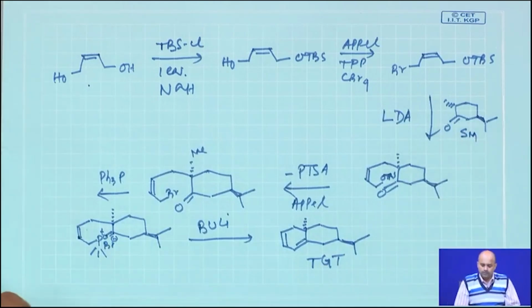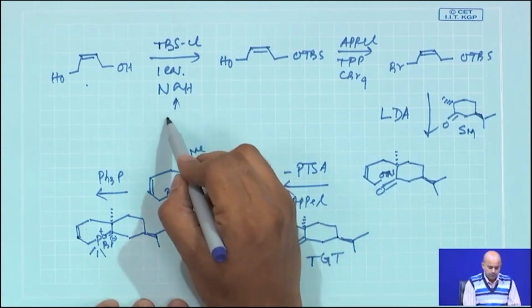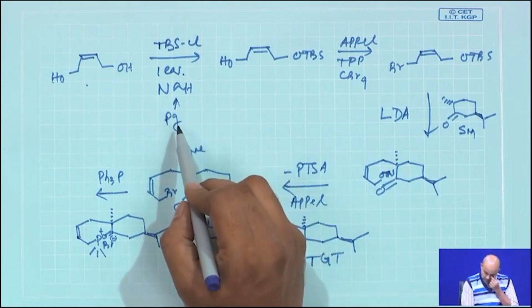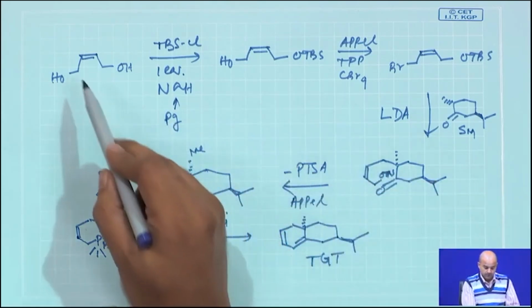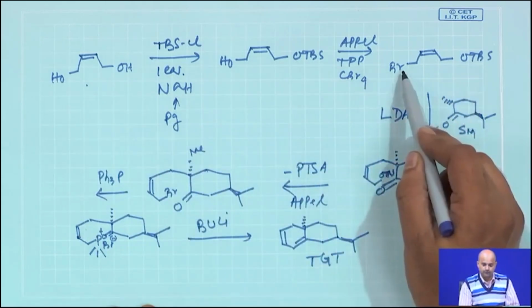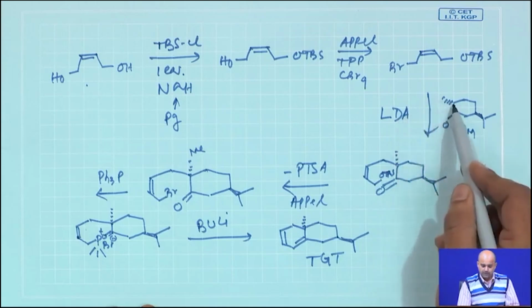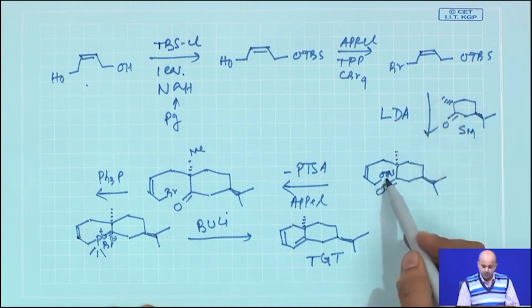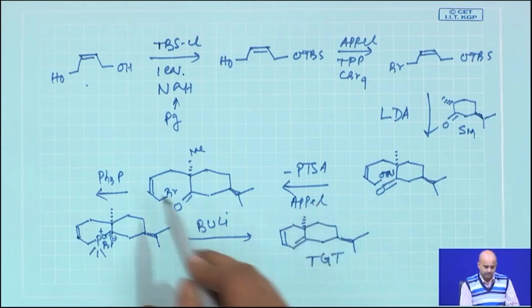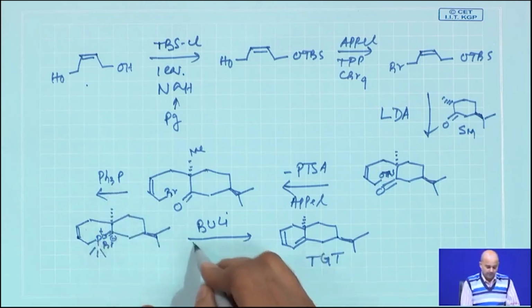So, what transformations have we used? We mainly used a couple of interesting transformations. We used a protecting group based transformation, we protect a hydroxy group, we do an Appel reaction to convert hydroxy to bromide, then we do a thermodynamically controlled alkylation, we remove the protecting group, we do one round of Appel further to come to the bromo, we convert this bromo to the corresponding phosphonium salt, then you close the ring by an intramolecular Wittig.